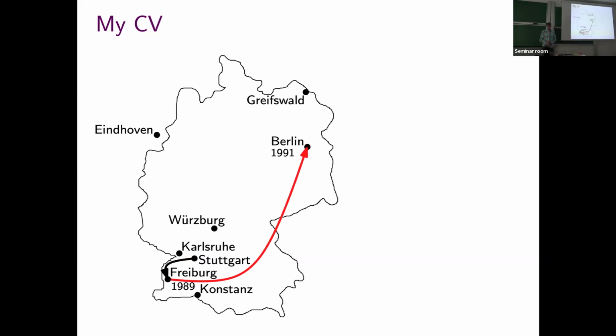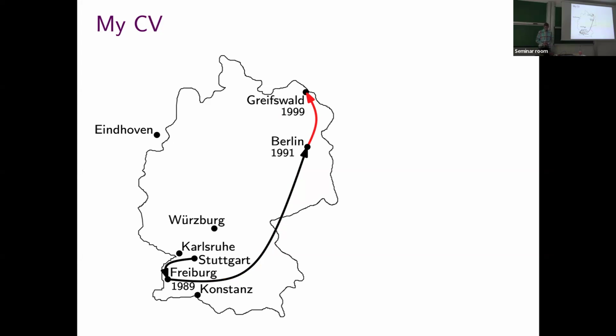I wrote my diploma thesis back then. This was before the bachelor-master system was introduced. And then I also did my PhD at FU Berlin, before finally going for a postdoc stay to the very northeast of Germany, which was quite an experience in many ways.